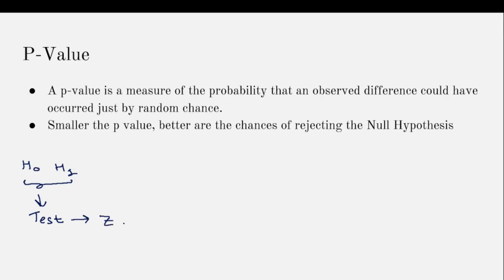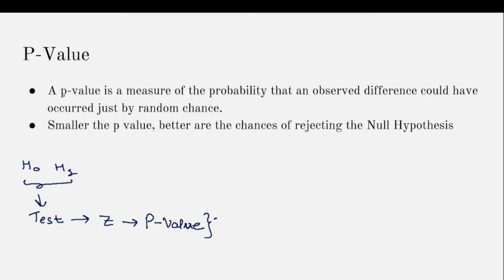Then after performing the z-test, we'll be getting our z-score. Based on the z-score, we will calculate the p-value. We have already seen how to calculate the p-value using the z-score in our tutorial for z-score. Based on this p-value, we get an idea about how significant our assumption for null hypothesis is.